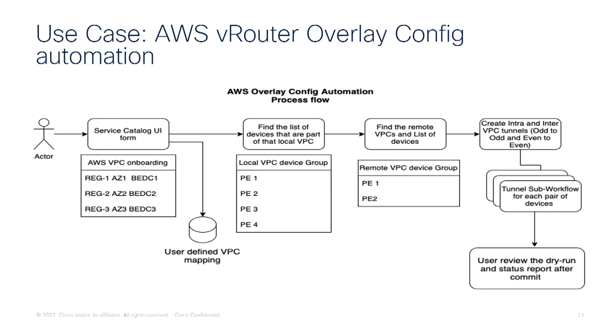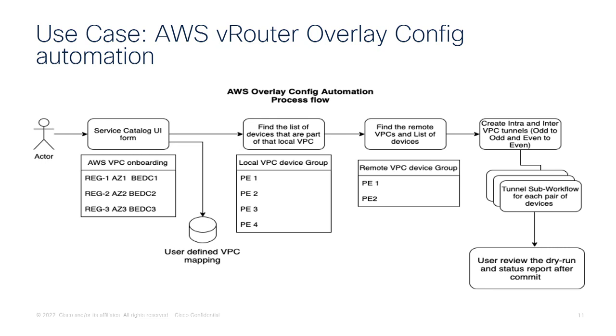So it finds all the devices of the local and the remote VPC, then creates the mapping of how many tunnels we have to create, and then we call the tunnel service, which is a sub workflow within the BPA, and essentially it invokes NSO actions for creating tunnels. Then the user can review the dry runs of the tunnel config and push the commit to push all the tunnels across all the intra and inter VPC tunnels.